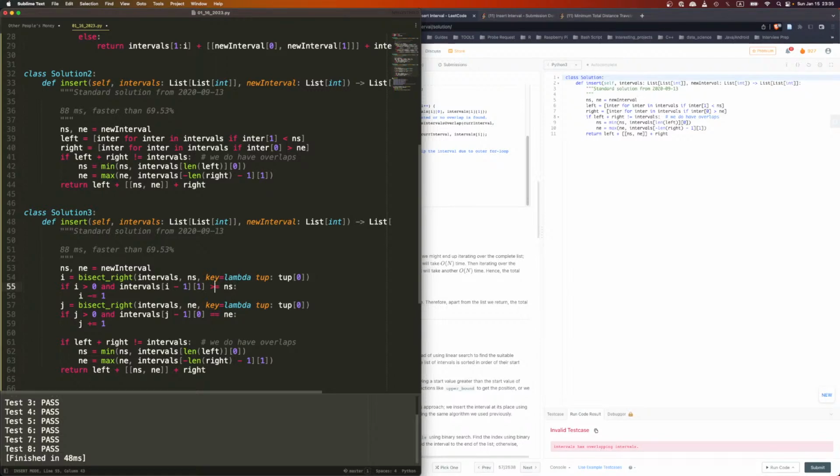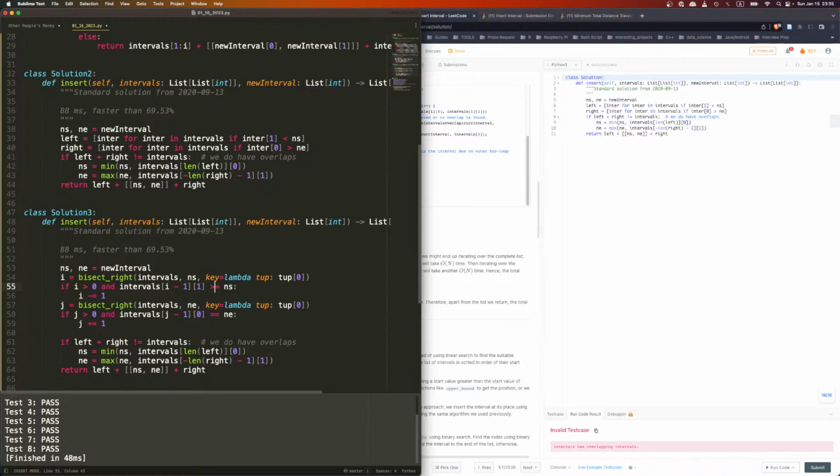All right, then we have overlap. Yep, now we have overlap. If not, then we'll be here, and this one is the same.